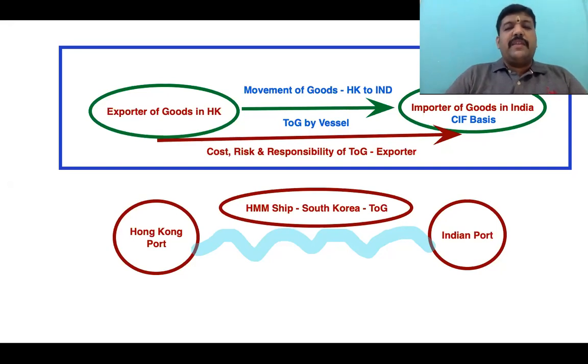Now, who is going to be the recipient of service? Country I don't want. In that country, we have at least a person by name exporter, importer, HMM. We have three people. Among these three people, who is the recipient? Is it your exporter? Is it your importer? Or is it going to be HMM?